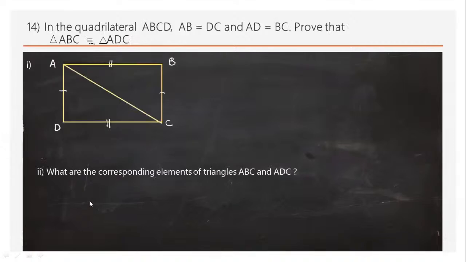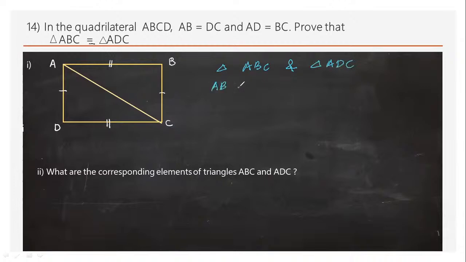Next one. In the quadrilateral ABCD, AB = DC and AD = BC, prove that triangle ABC is congruent to triangle ADC. Right. Then I will mention triangle ABC and triangle ADC.